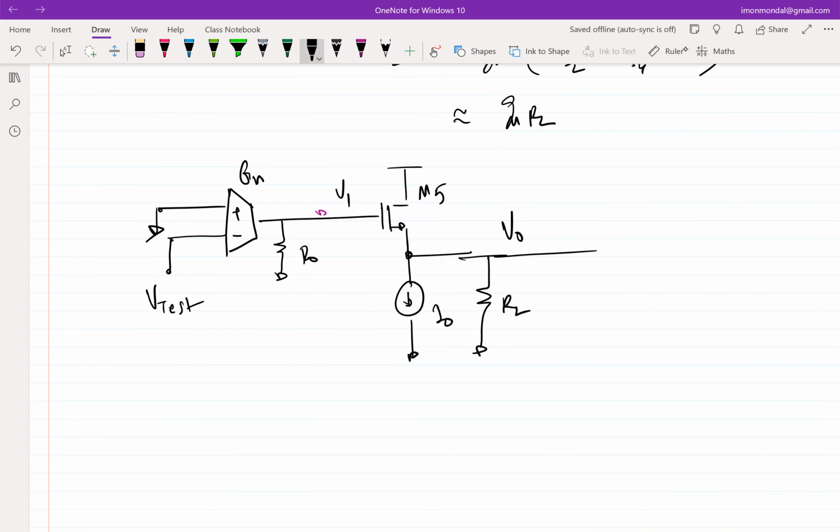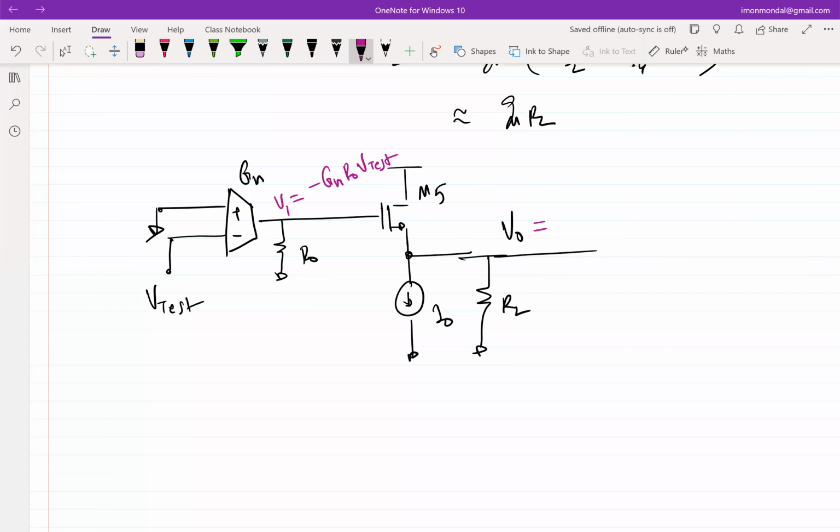So what will be V1 in terms of V test? Minus GM times V test times R0, right? Minus GM R0 V test. What will be V0 in terms of V1? This is one of the standard architectures. It will be approximately same as V1.